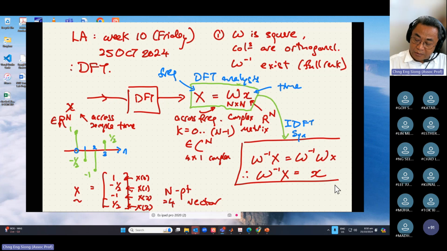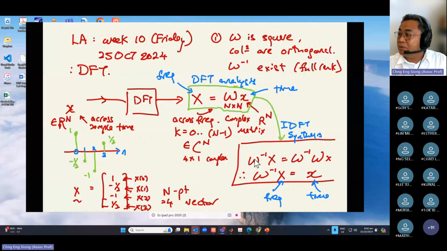It's called the synthesis equation. Here, this is time, and the input is the frequency representation. We take the frequency representation of the signal, send it into W minus 1, transforming it back to time. So these two equations are the DFT. Finish.